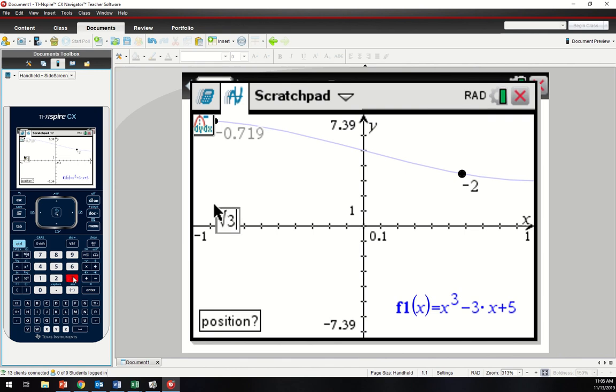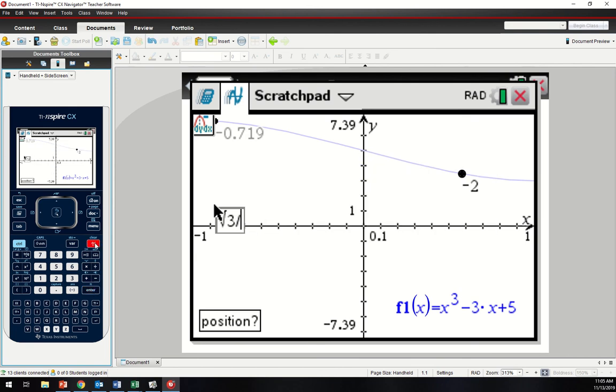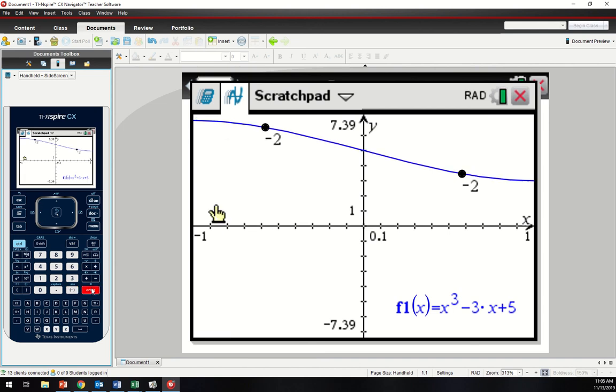Square root of 3. Doesn't like me today. Okay, I guess it doesn't like my fraction form. And I want the negative, right? There we go. All right, I was able to plug it in.